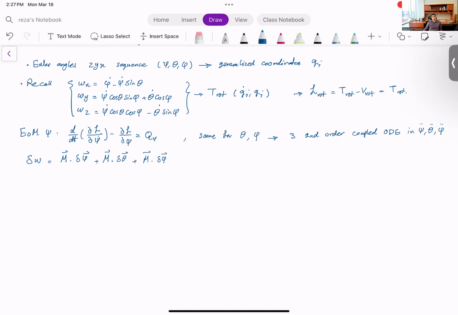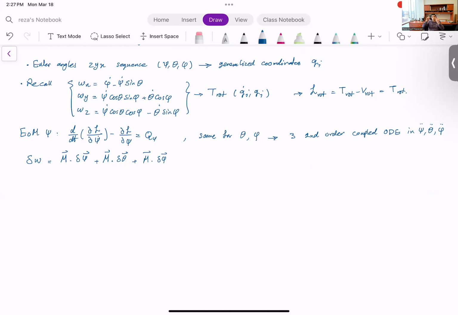And these are vectors. Remember that for infinitesimal rotations, we can define these rotations as a vector, with the direction of the axis of rotation, and the magnitude is the size of rotation. And this is the total virtual work.